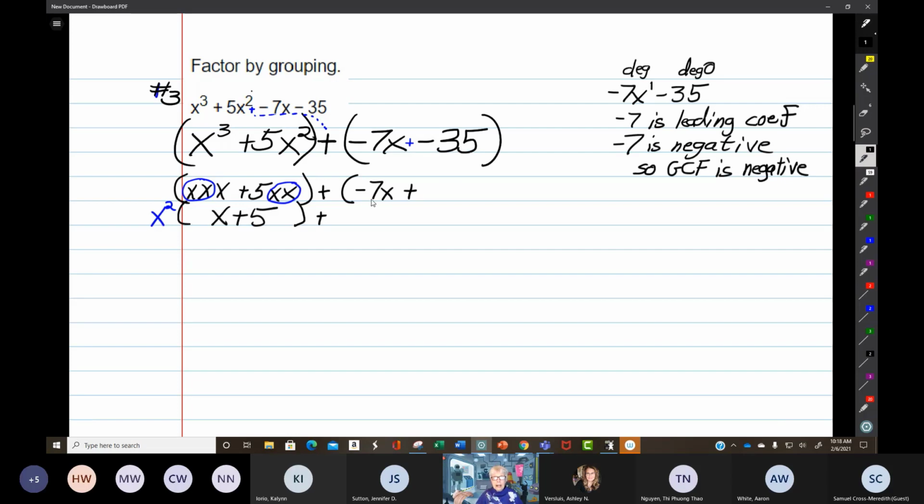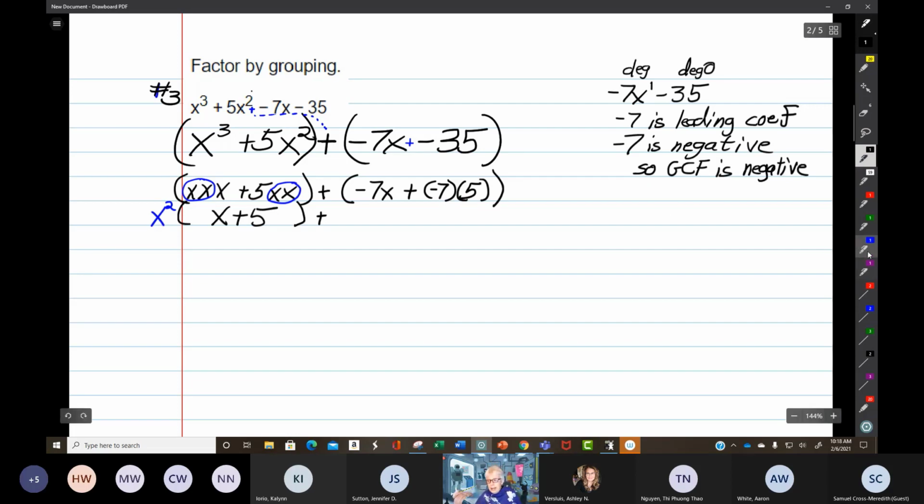For -35, I've got to have a -7, so it's going to be -7 times +5. That's the only way I can get -35 and still have a -7 to pull out.